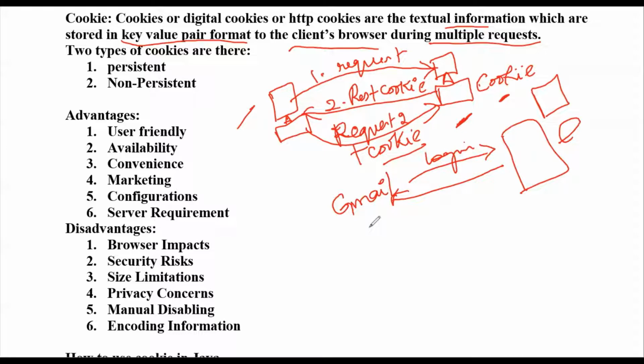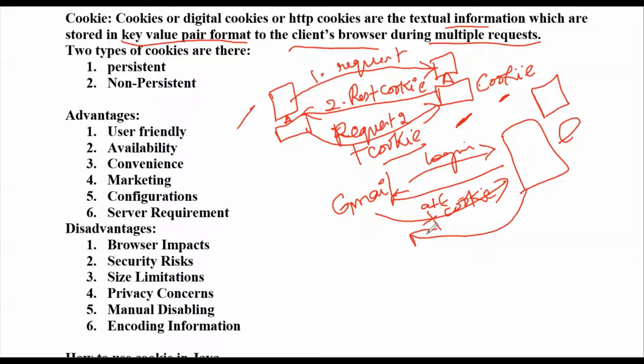Now when you make another request, for example, to attach some files to the mail, your browser will send the cookie along with this request. So the request you're making is not fresh; it won't be considered a new request. You needn't give the login and password. The server will validate the cookie and give the response back to you. So this is possible with the cookie.